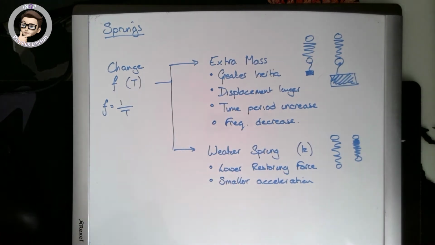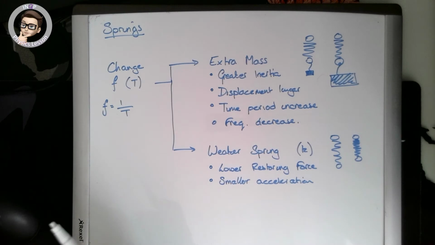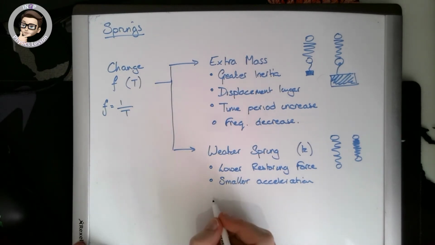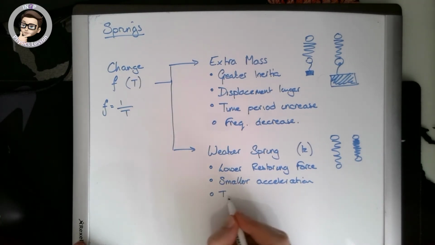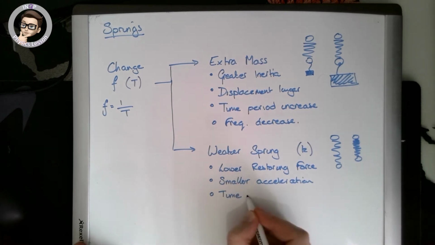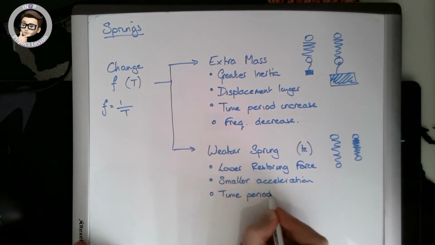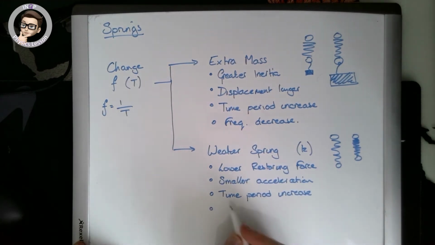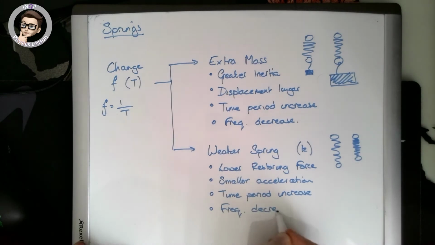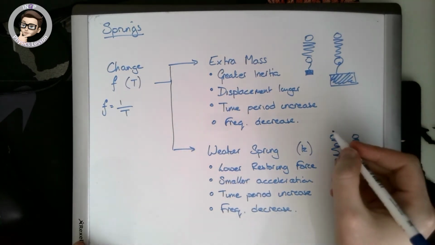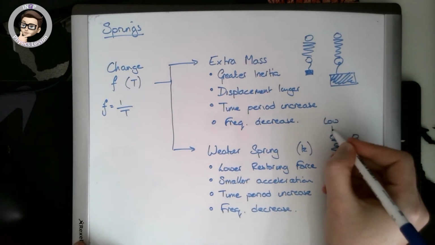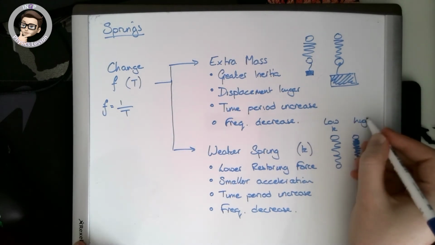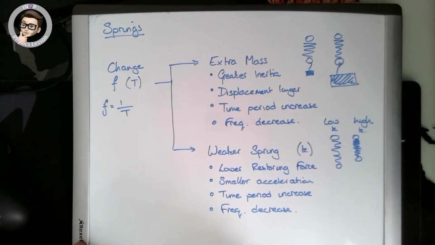And if it takes longer to decelerate, then the time period must increase. So the time period will increase, and as we know, that's linked, so the frequency will decrease. And this is a low spring constant, and this is a high spring constant.